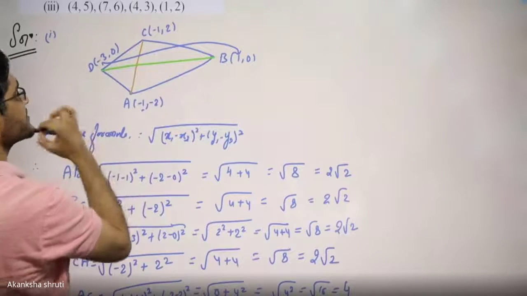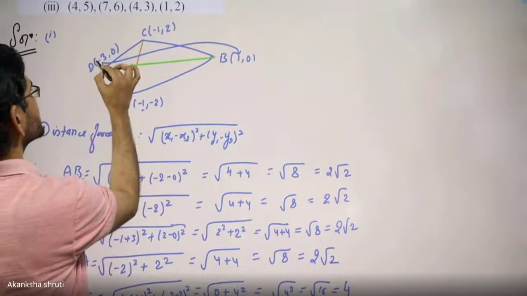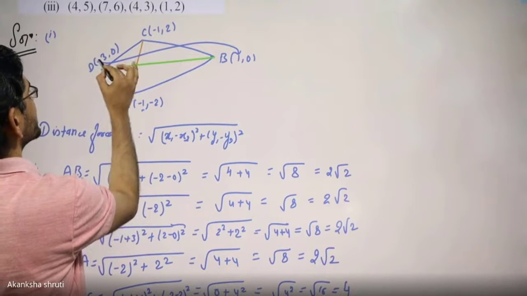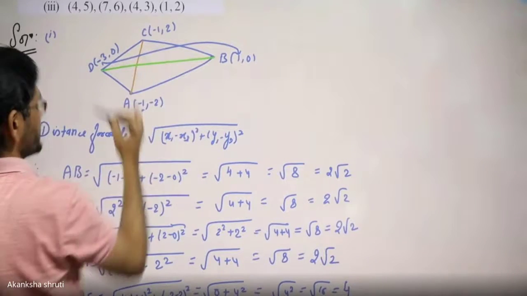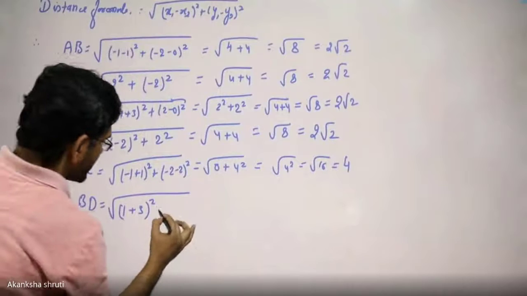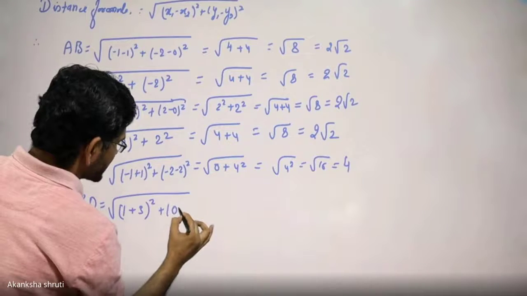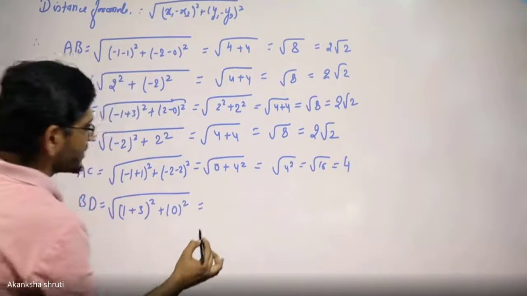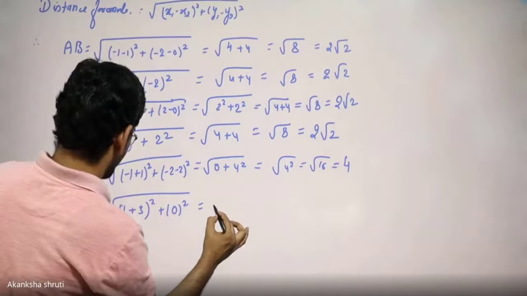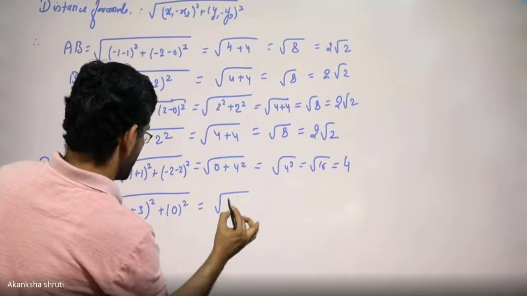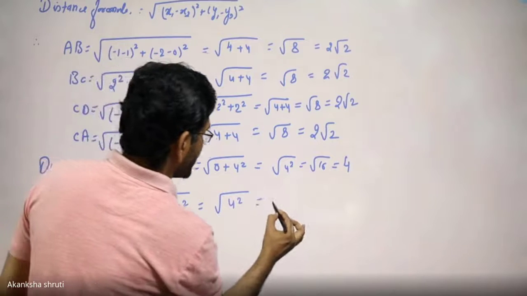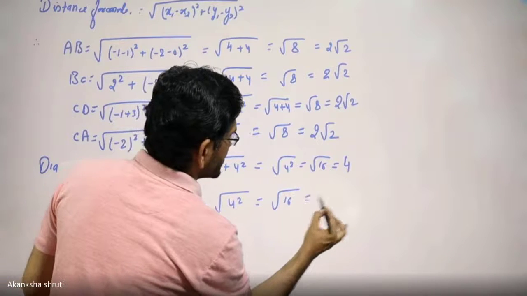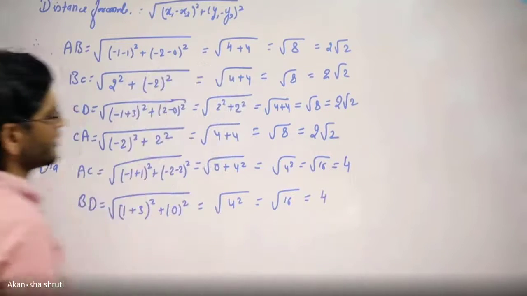So 1 plus 3, minus of minus 3 becomes plus 3, that we have taken. Then 0 minus 0 is 0 square. Students, very interesting thing. It is again 4 square, means again 16, it is 4.